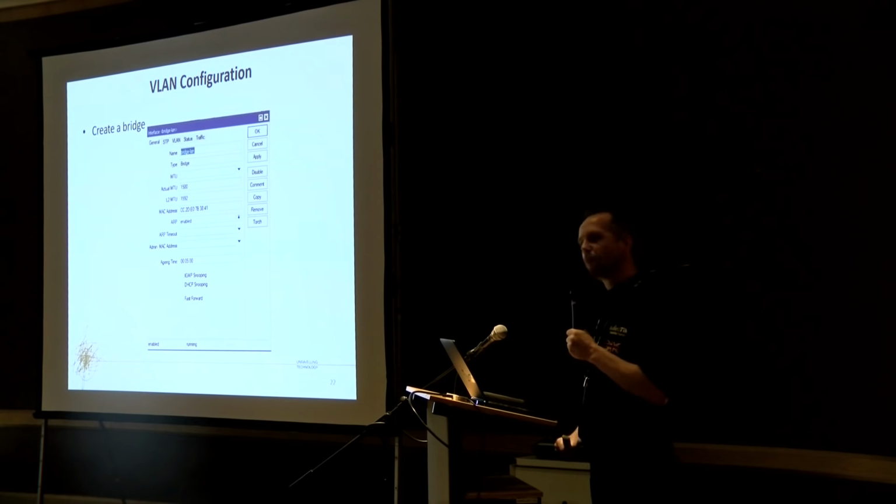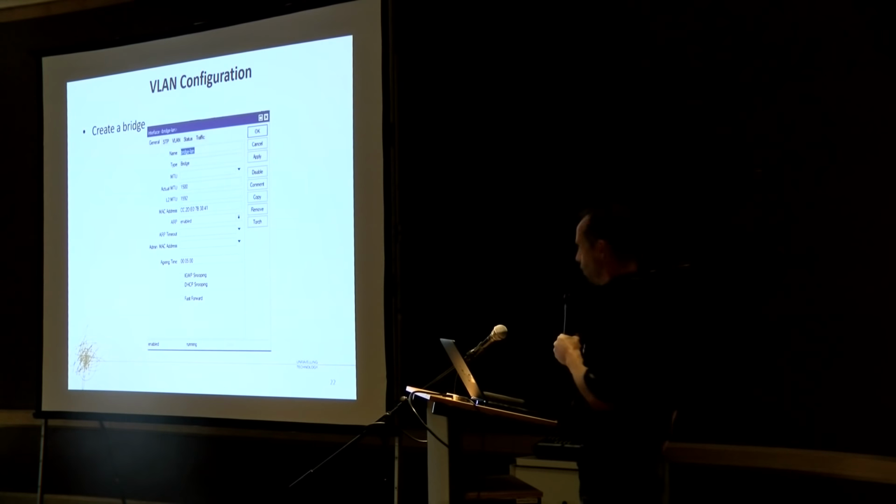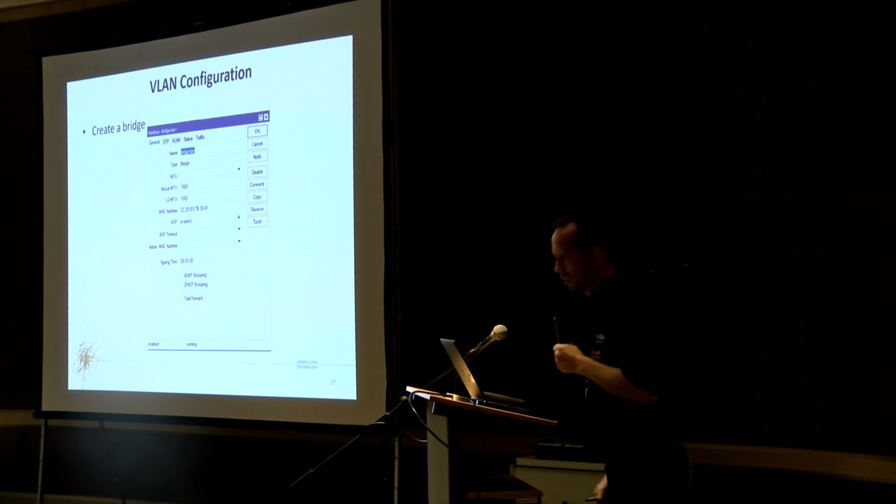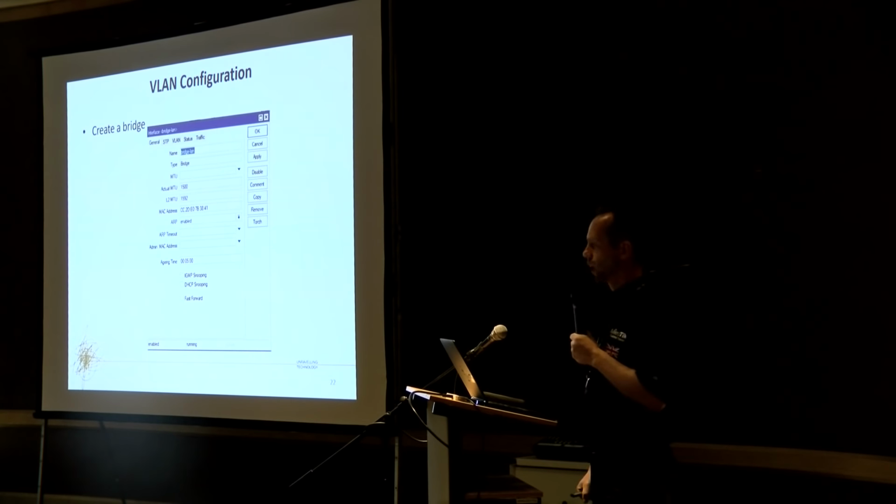So from bitter experience, build the config, then enable it, probably with safe mode, and then if it all goes wrong, you've only lost one change and you can get back into it and work out what you did wrong. So we start with a single bridge. We only need one bridge now on the 300 series switch to do VLANs.